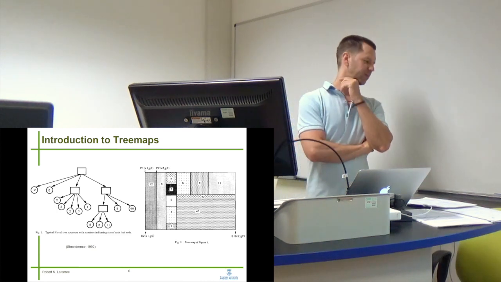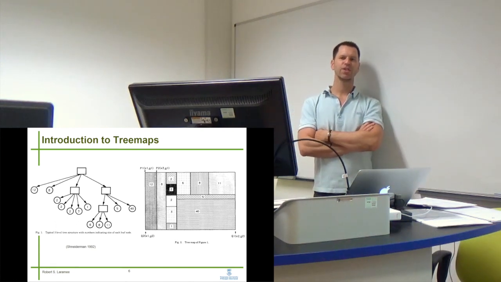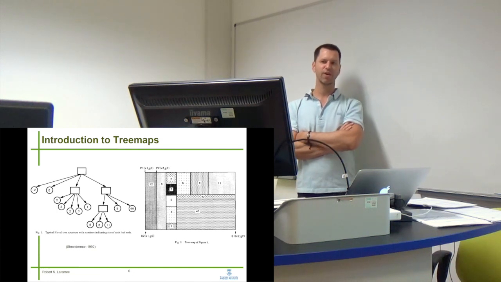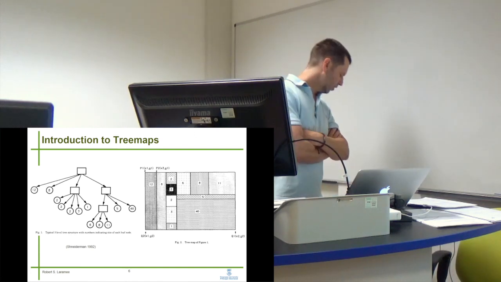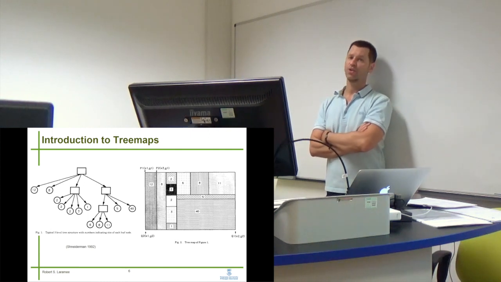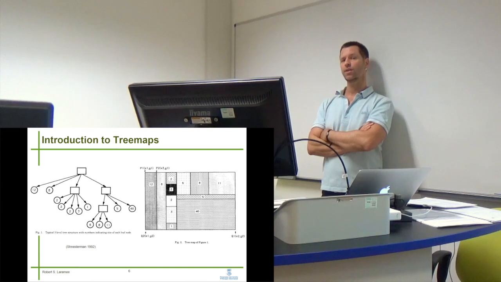Can you think of any examples of hierarchies just in general? Not necessarily hierarchical data sets, but just hierarchies. Organizational structures, exactly, like management hierarchies, for example. A very common hierarchical data set is one on your phone or laptop or desktop PC.